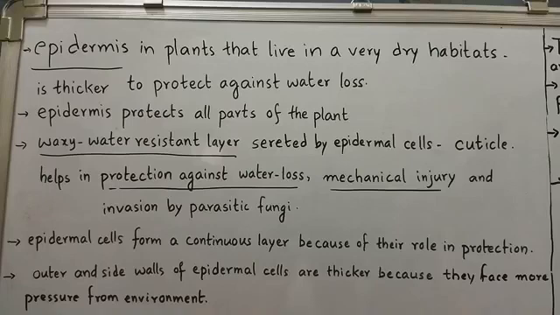This waxy water-resistant layer secreted by the epidermal cells is known as cuticle, because the waxy substance is known as cutin. Since the layer is made up of cutin, it is known as cuticle.